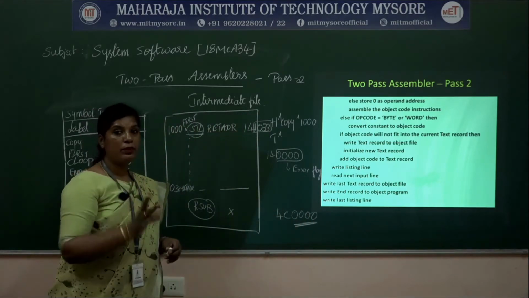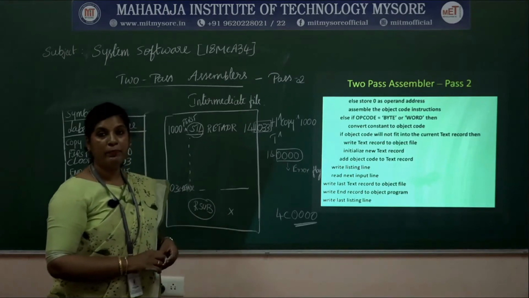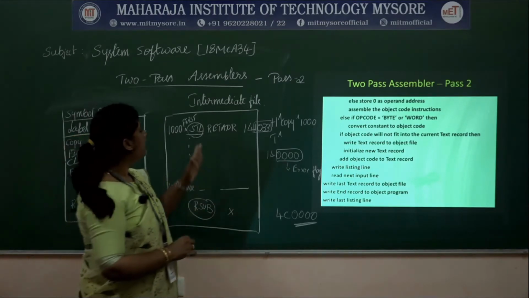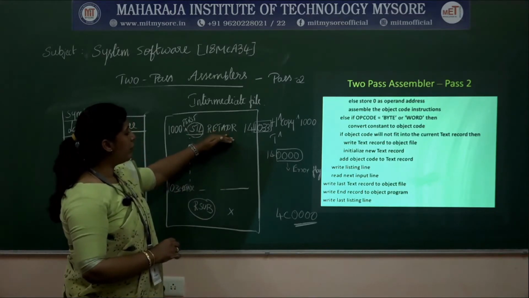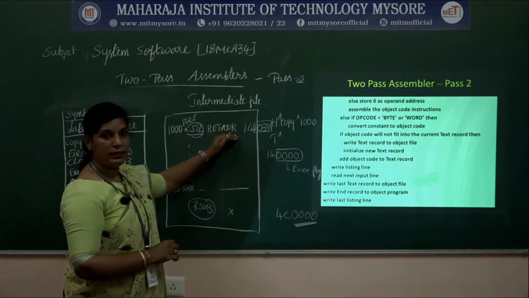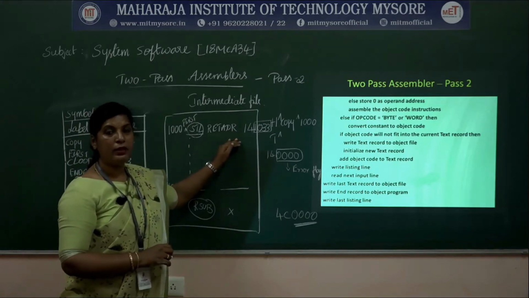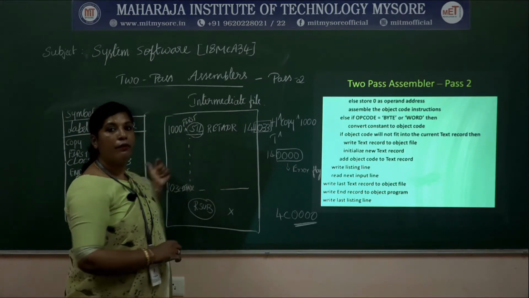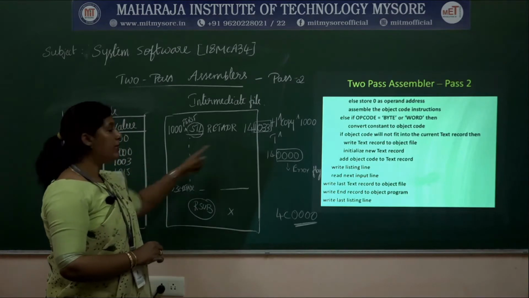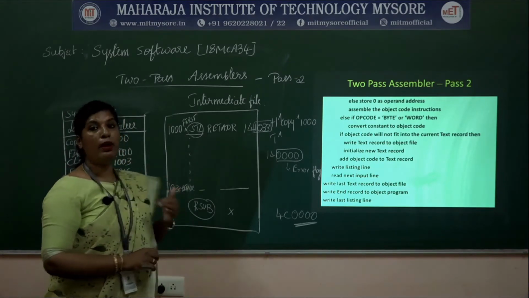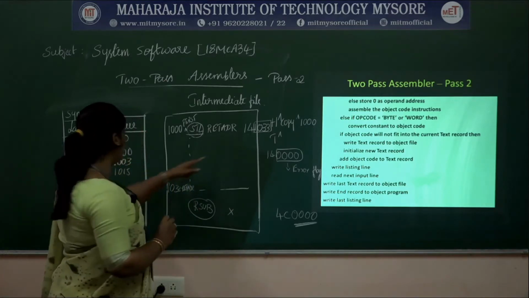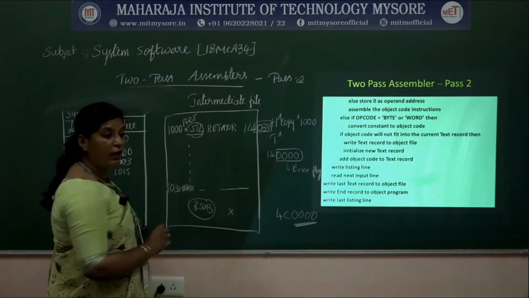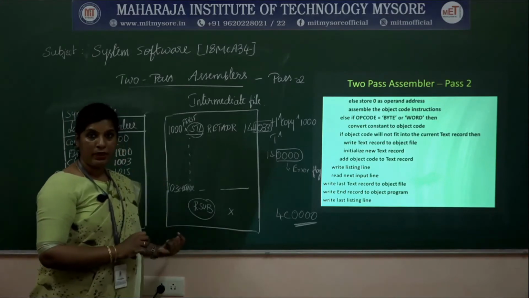So please remember there are three possibilities. In the mnemonic field and the symbolic field, if any symbol is there, it searches within the symbol table. If that symbol is already in the symbol table, it sets the operand address to the symbol value present in the symbol table.